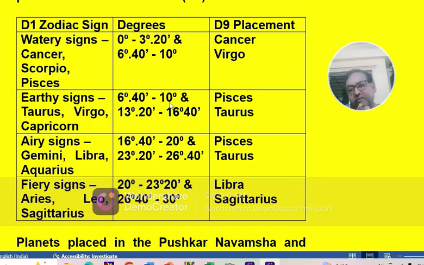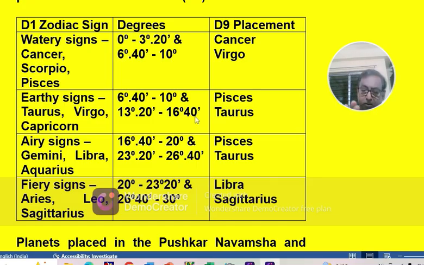are the degree span of Pushkar Navamsha, and 13 degree 20 minute to 16 degree 40 minute are the Pushkar Navamsha degree spans, isn't it?